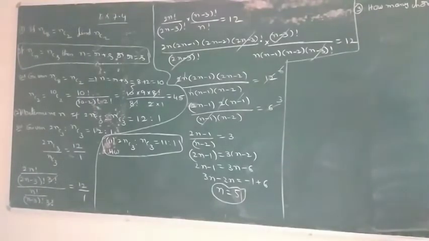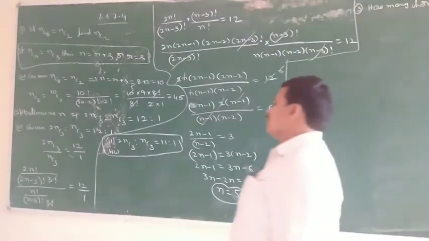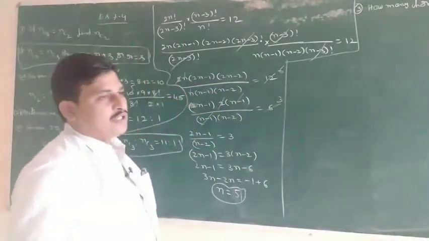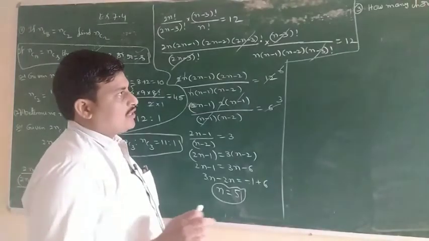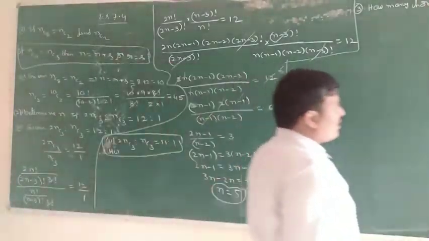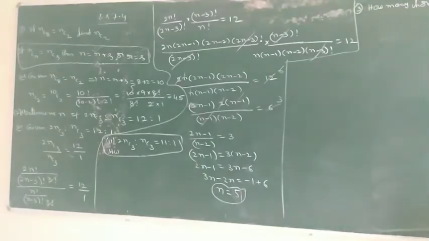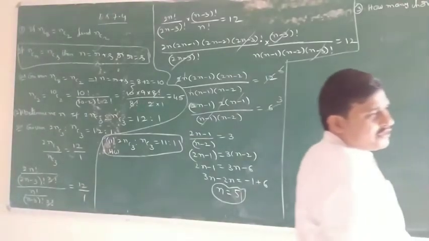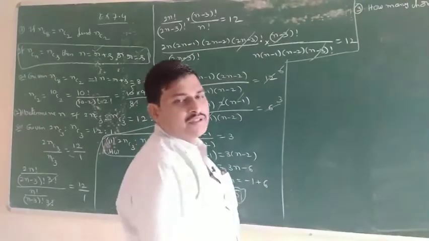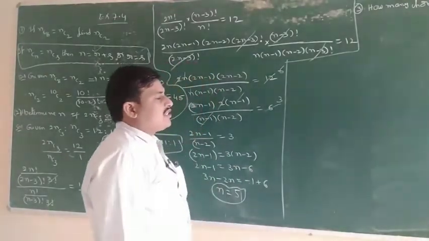Chord means what? The chord is joining or passing through any 2 points on the circle. So one chord is nothing but 2 points. How many points are there on the circle? 21 points are there.